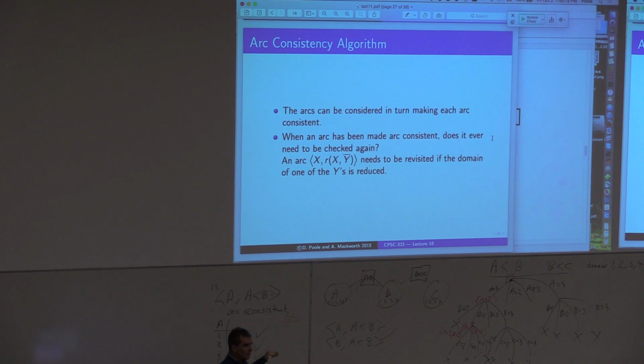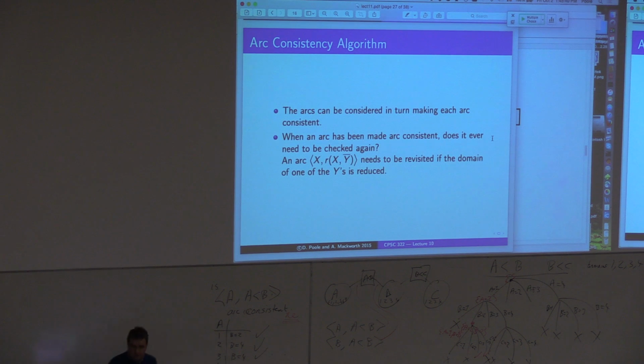When the domain of one of the y's is reduced, we no longer know whether there's an x that exists, right? So then we have to revisit it. So this is the only rule you have to follow. In the code, there's a positive way of saying that given a y, you've got to find the x's. But it's easy to think in terms of given the x, you've got to revisit it when you reduce one of the y's.